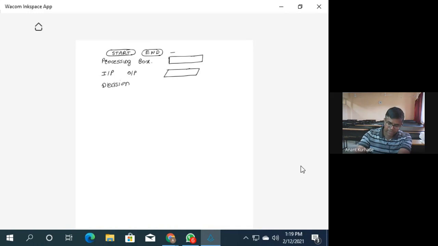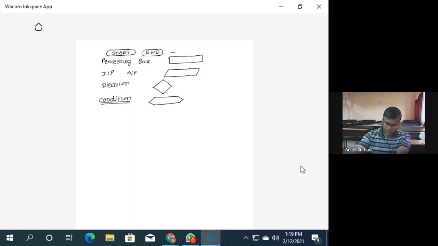For decision making we have the diamond. Decision making means an if-else condition. For any condition we use this symbol. All of you know this.